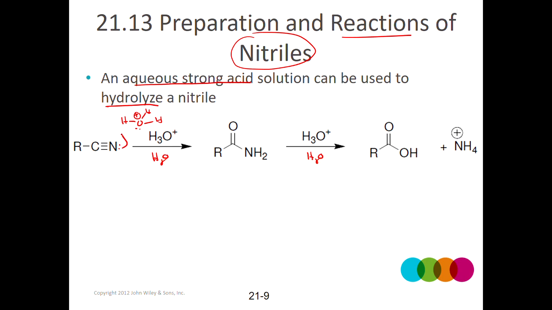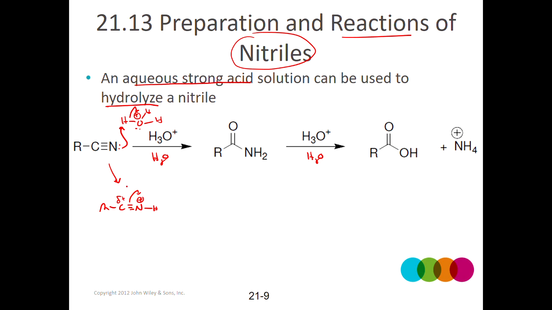When the nitrogen picks off a proton, electrons stay here on the oxygen. And that makes a protonated nitrile, which is a pretty unstable positive. Actually, it's not that unstable. The electrons from the carbon can shift toward it to stabilize it pretty well through induction. And as those electrons shift toward the nitrogen through both induction and resonance, that does put a fair amount of positive onto the carbon.